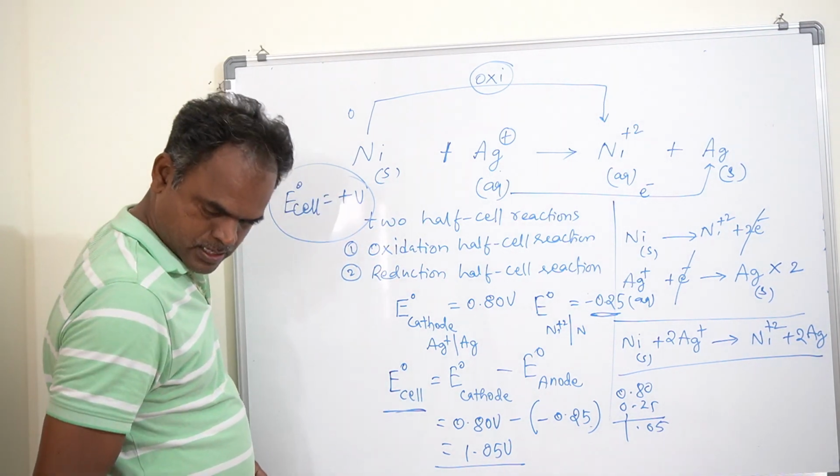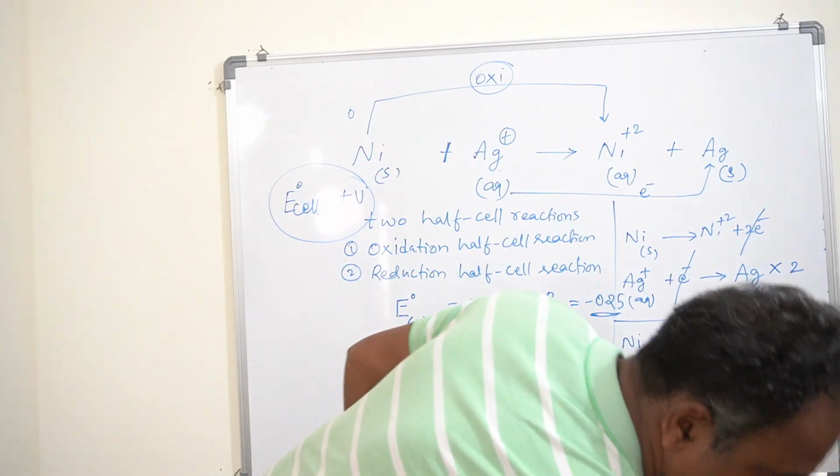And for this spontaneous redox reaction, how do we represent the cell notation?